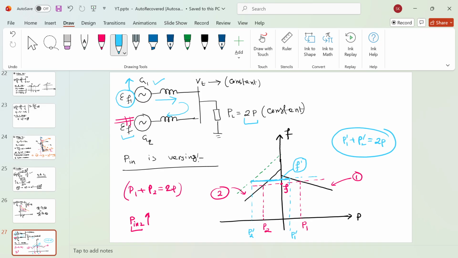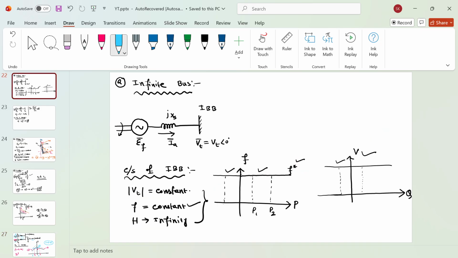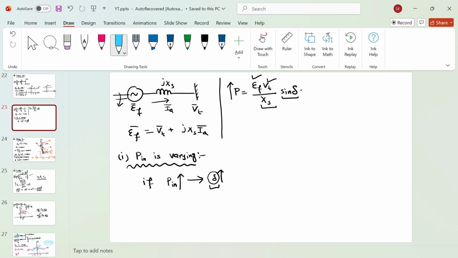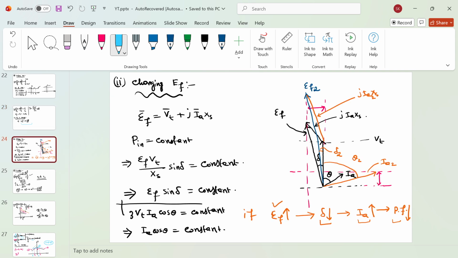And yeah, I hope it is now clear. First, I discussed what will happen when the generator is connected to an infinite bus bar, then the characteristics of generator and infinite bus bar. Then how the delta will change when the generator is connected to an infinite bus bar if you change the input power, and what will happen if you change the field excitation when the generator is connected to an infinite bus bar, provided the input power is constant.